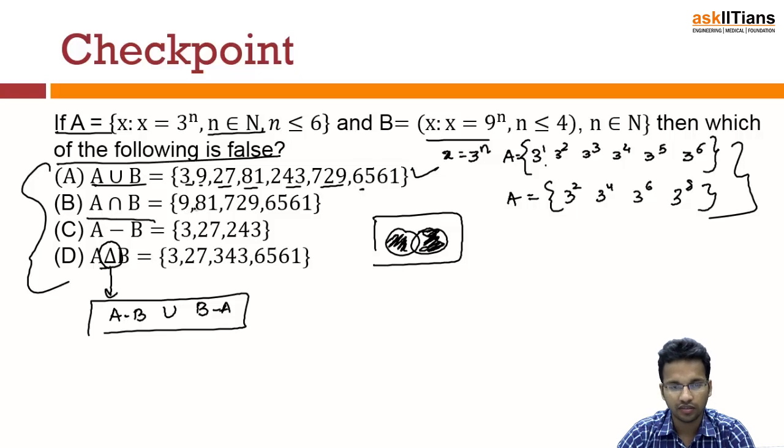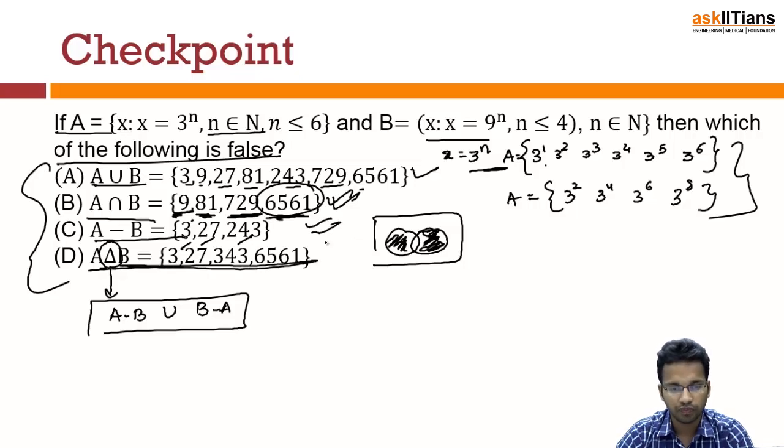A intersection B is 3 to the power 2, 4, 3 to the power 6 and 3 to the power 8. And just check, this is 3 to the power 8. So this is also true. A minus B, which is this one, odd powers basically 1, 3, 5, also correct. Symmetric difference, union of these two.